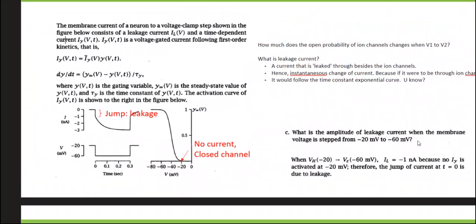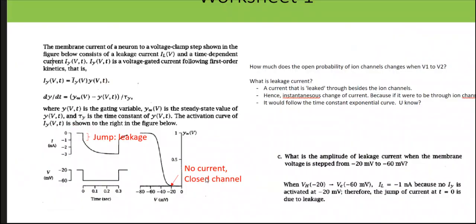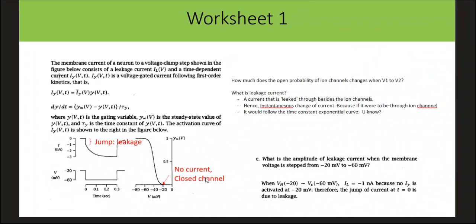And what is the amplitude of leakage current when the membrane voltage steps from -20 millivolt to -60 millivolt? As I mentioned, this instantaneous change in current as the voltage changes is called leakage current, because the ion channel of our interest has to follow this curve, and it's a probability function. It's not going from 0 to 1.